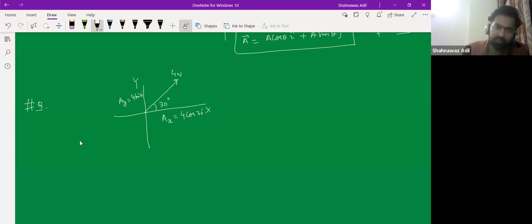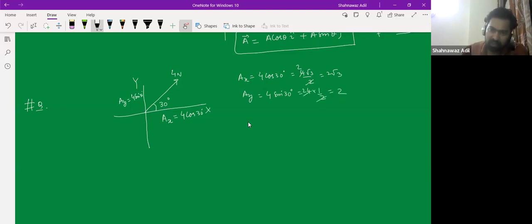Good. So we have AX, which is 4 cos 30, which is 4 root 3 by 2, which is 2 root 3. And then we have AY, which is 4 sine 30. So this is 4 times 1 by 2, which is 2.